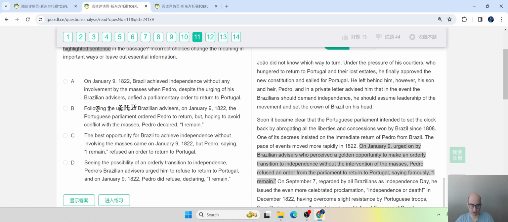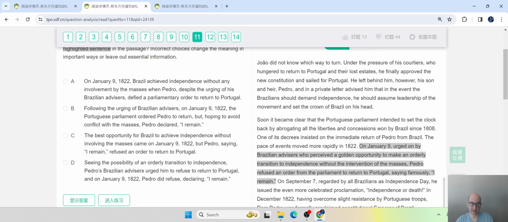Choice B, following the urging of Brazilian advisors, okay, fine up to now. On this date, so far so good. The Portuguese parliament ordered Pedro to return, but hoping to avoid conflict with masses. Okay, again, why a but? Why this kind of conjunction here?